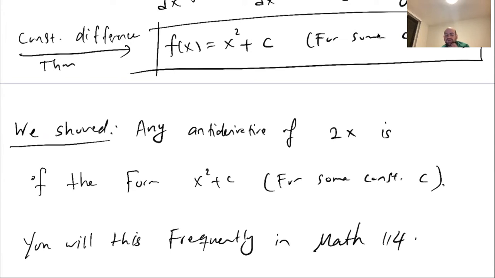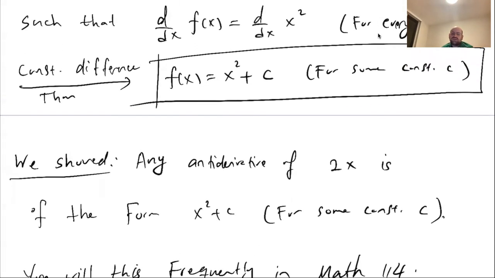Why is it x squared plus c? Next semester, remember today that we showed that once you have the derivative of a function, if the derivative of another function equals the derivative of the first function, then those two functions must be equal up to a constant, meaning that one of them is the same as the other one plus some constant c.